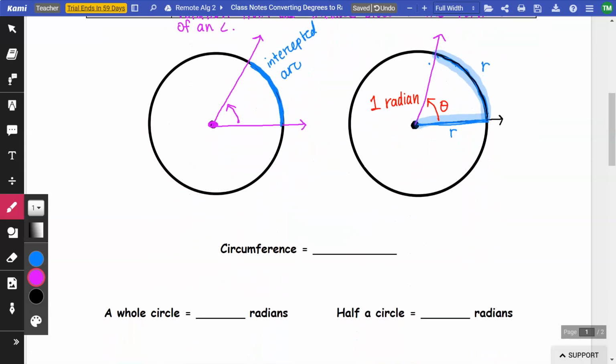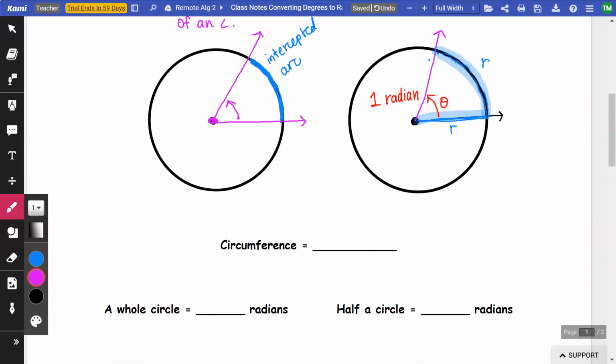So let's talk about some things that we already know. Just like we know that there are exactly 360 degrees of rotation in a circle, we can also figure out some things about radians. A radian is based on the length of an intercepted arc. So for example, if we wanted to find the radian measure of an angle, here's my initial side, and then I rotate 360 degrees.